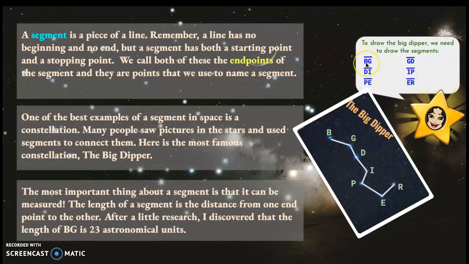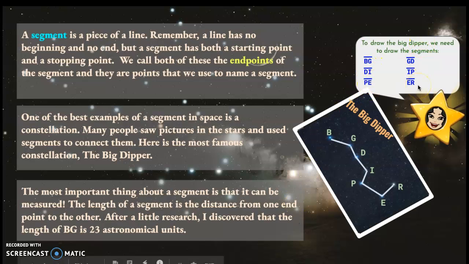The first segment starts at B and stops at G. So we just come over here and we drew that segment right there. The next one starts at G and goes to D. So I come over here, I start at G, I go to D. And I continue to do that over and over and over again until I have connected all of these points right here.